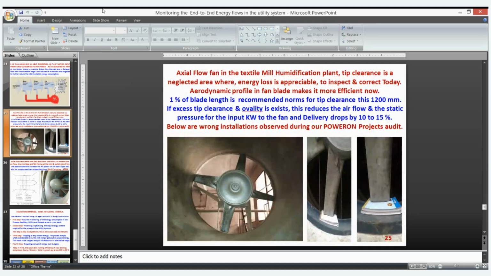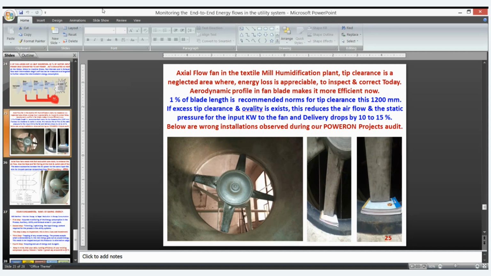It is not only on the centrifugal blowers, it is on the axial flow blowers also, especially in textile mills or any industries where they are using axial flow fans. The industry always assumes it is a 1200 mm fan, a humidification plant axial flow fan. On 1200, 500 mm is the hub diameter, and around 350 is the blade length.